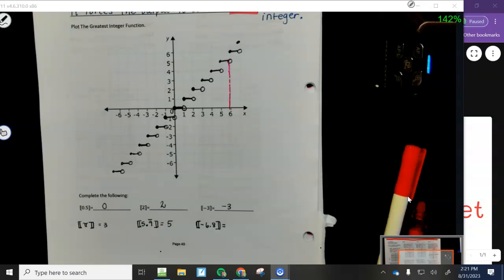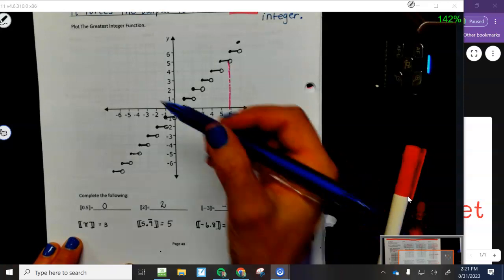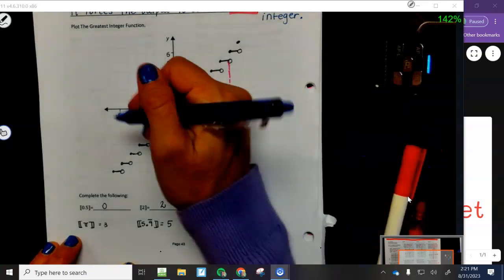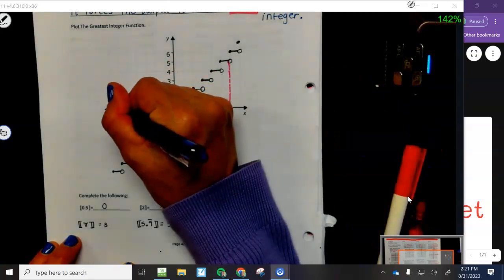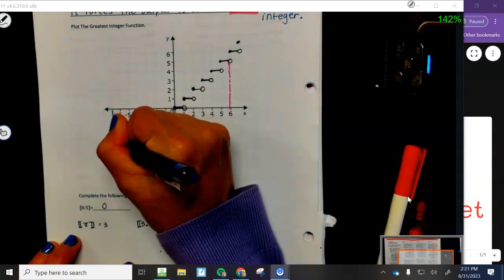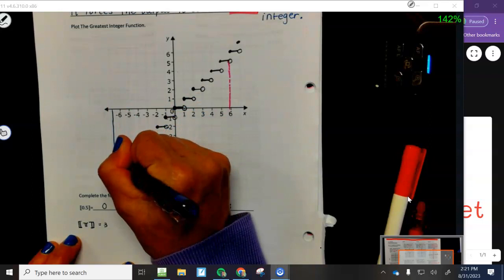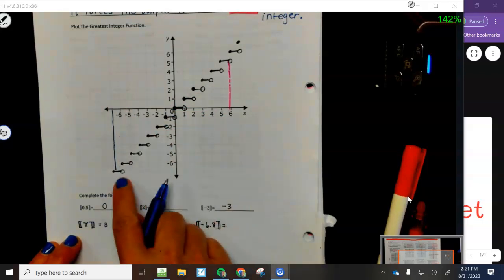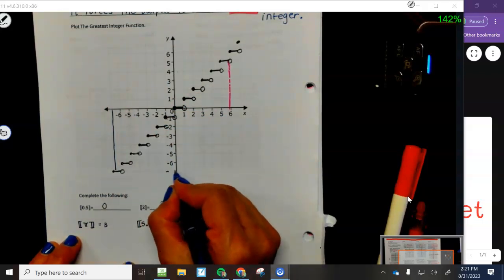Which one's lowest? Negative 7. Let's check the graph. So let's say that negative 6.8 is like right here. What am I going to land on? Negative 7.